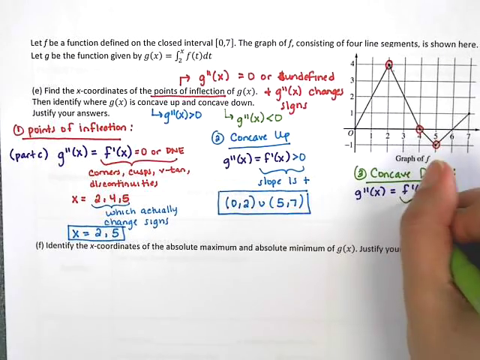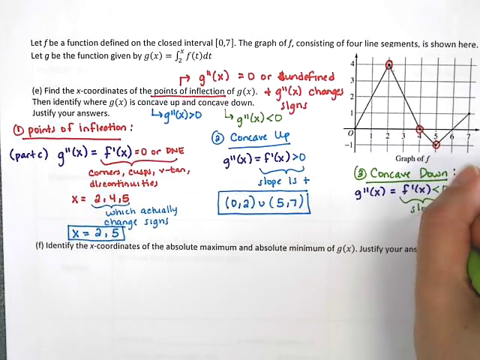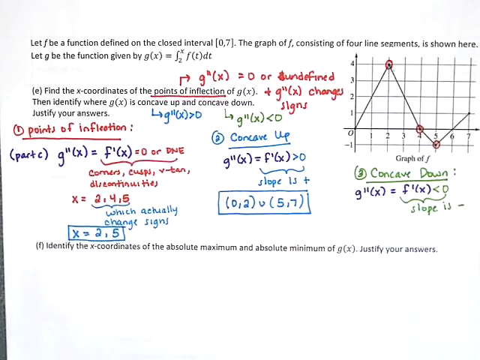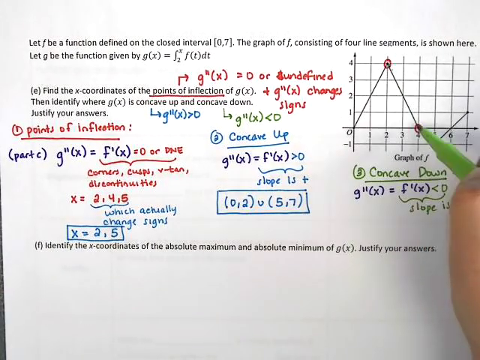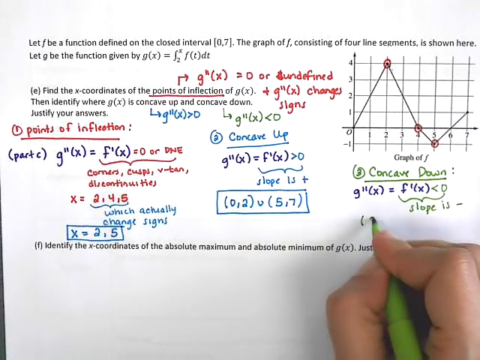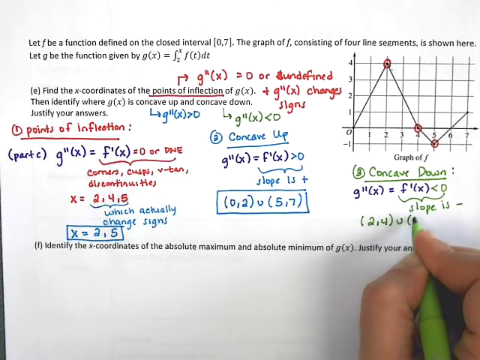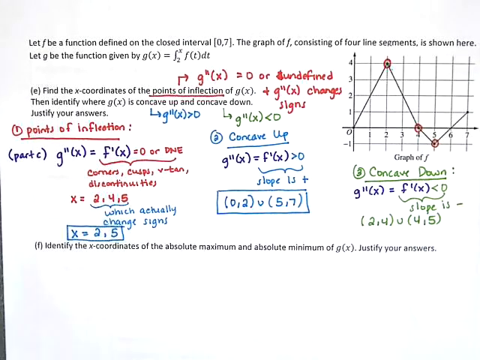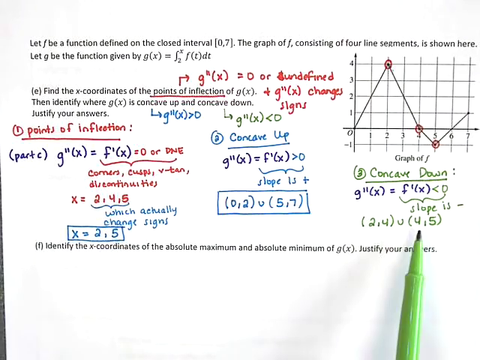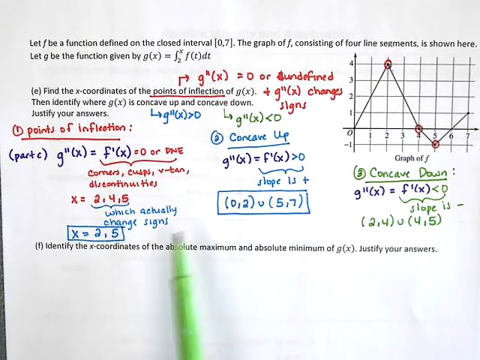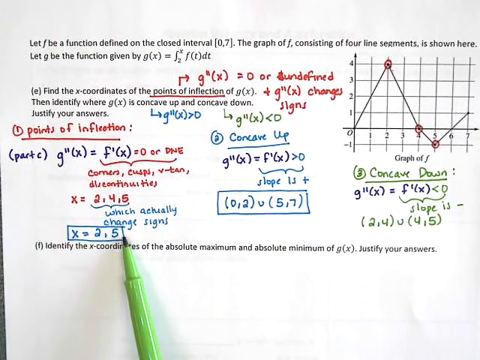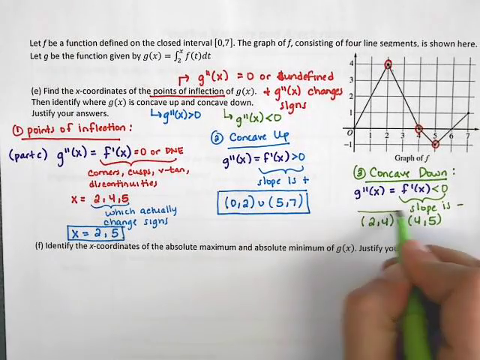In other words, where is our slope negative? Well, in this graph, the slope is negative from 2 to 4, and then the slope doesn't exist at 4, and then 4 to 5. So we would say 2 to 4, and then 4 to 5. And the reason we have to separate that interval is because this is an undefined value for the slope. Remember, we took it off of here because it was a corner.